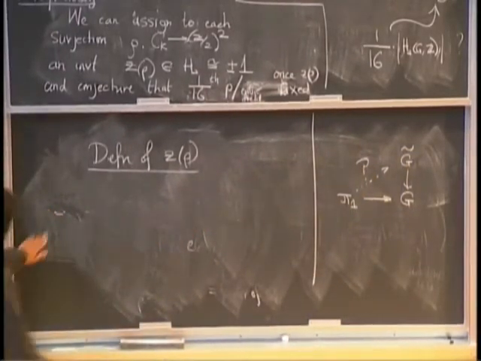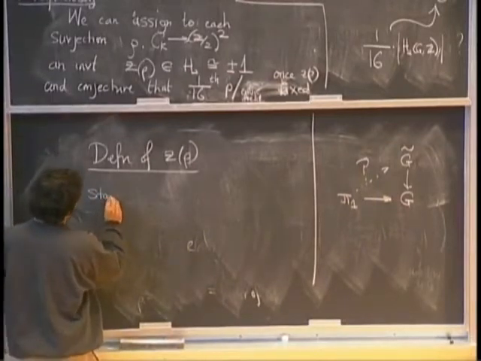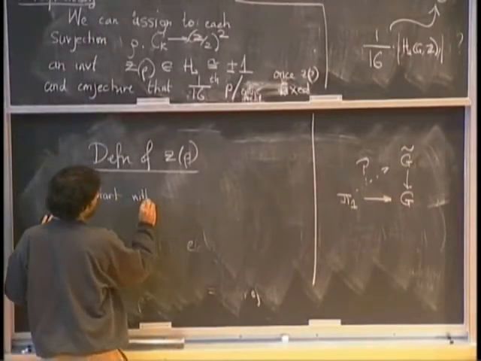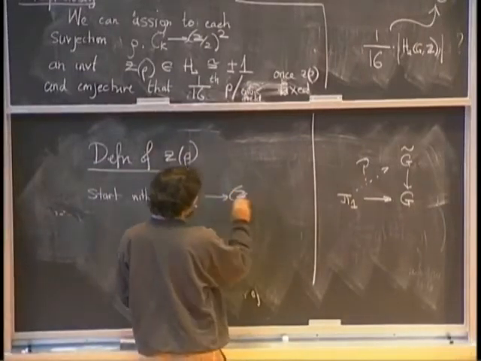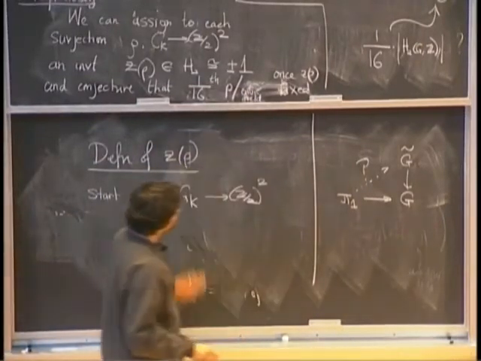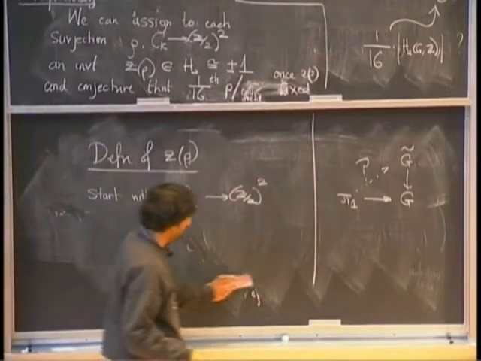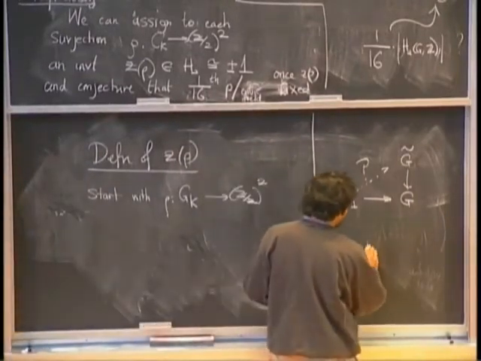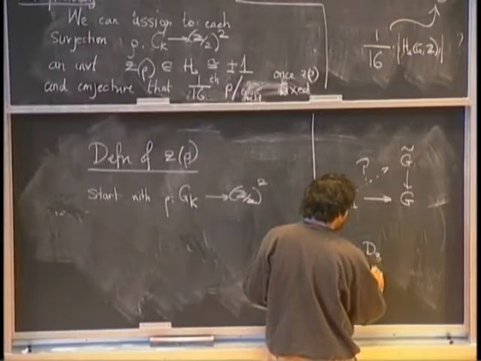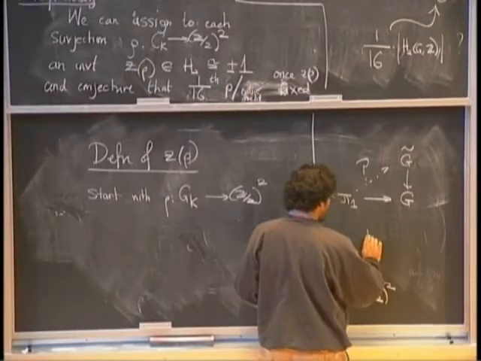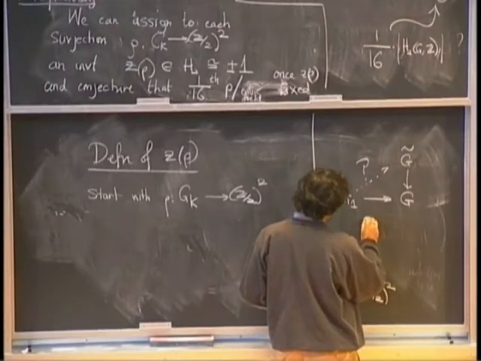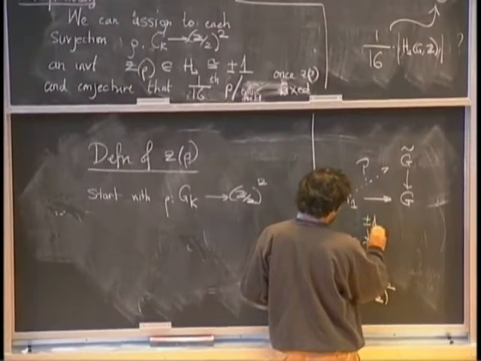We start with a homomorphism from the class group, which is the same as from the Galois group of our cubic field, to Z mod 2 squared. Now we're going to lift it to a covering group. For example, the dihedral group with 8 elements is a central covering of this, with kernel plus or minus 1.